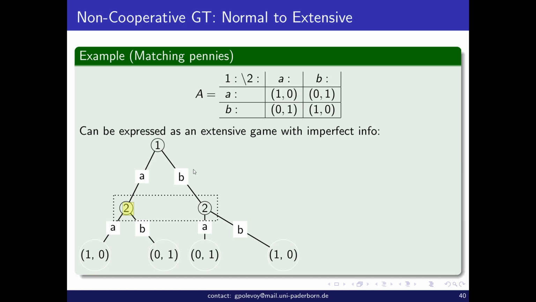If both players have chosen B, the same. However, if player 1 has chosen A and player 2 B, so that's the realized path, then player 2 wins, and the same goes for player 1 choosing B and player 2 choosing A.